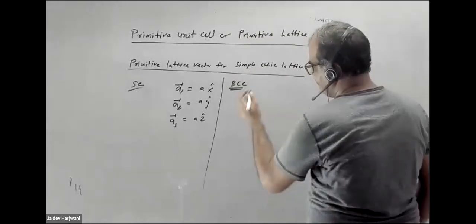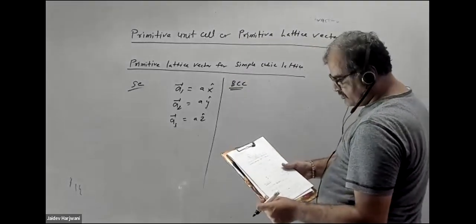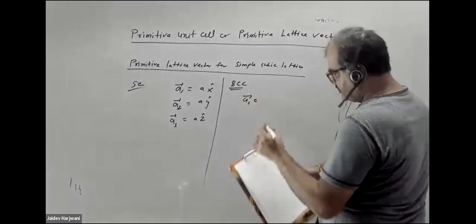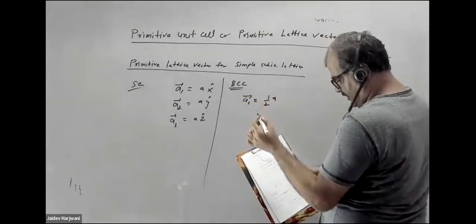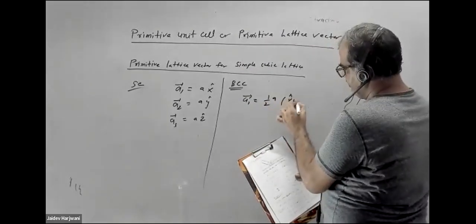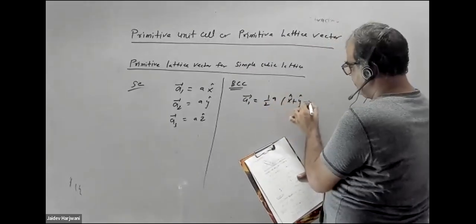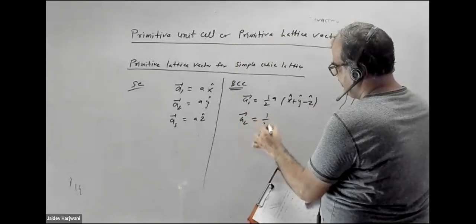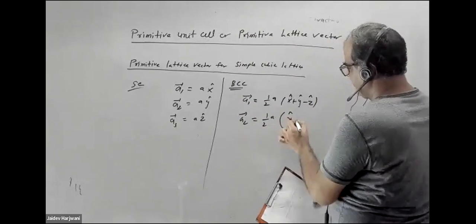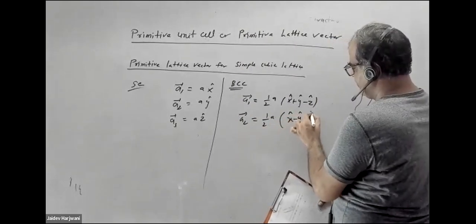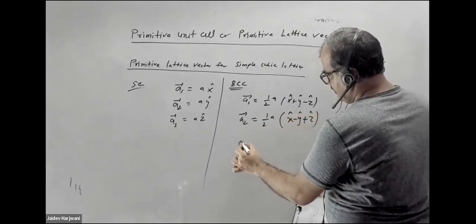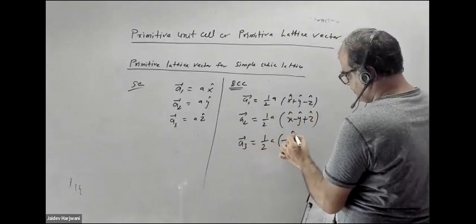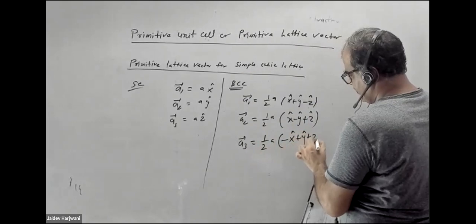So for BCC I can write 2 types of choices. I can write A1, which is generally used, it is half A x cap y cap minus z cap. This is a more symmetric one. For A2 I can write A x cap minus y cap plus z cap, and A3 I can write A minus x cap plus y cap and z cap.